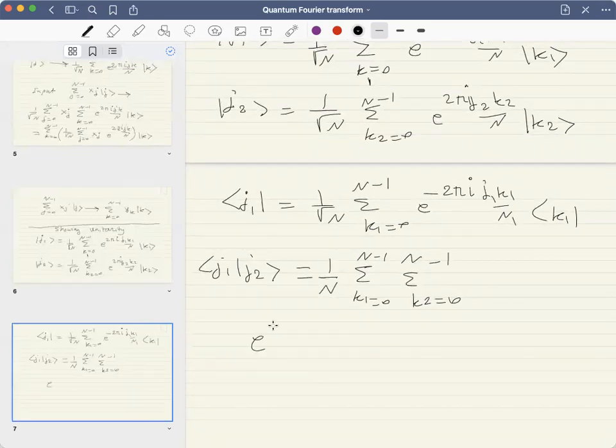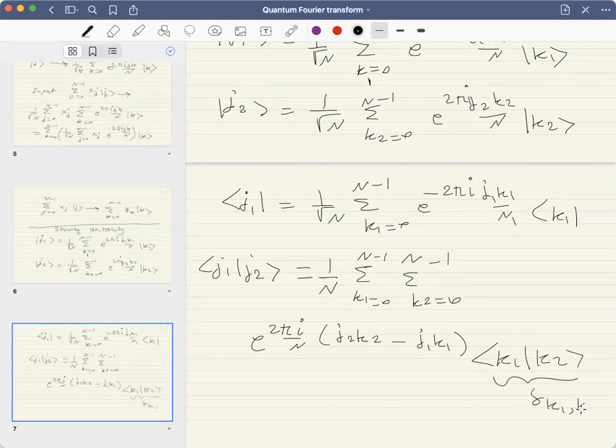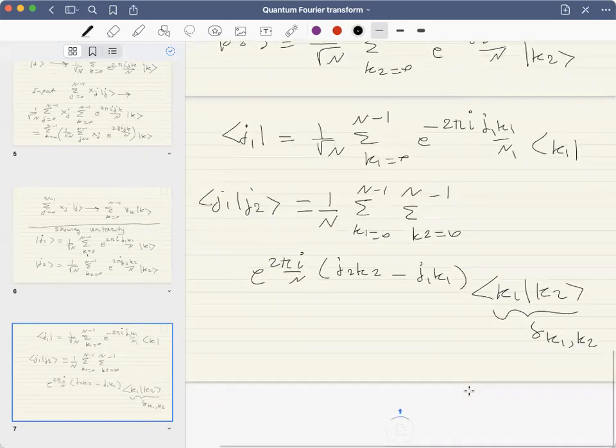So it's going to be e to the 2 pi i over n, and then I have j2 k2 minus j1 k1. And then we have this inner product of k1 and k2 here. So this is going to be delta k1 k2, right? They're orthonormal. So if k1 and k2 are different, this is 0. If they're the same, that's 1.